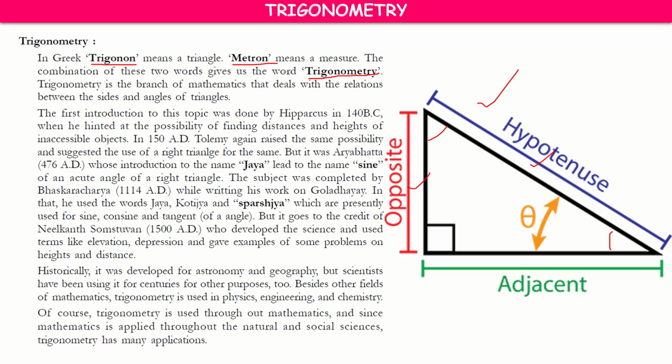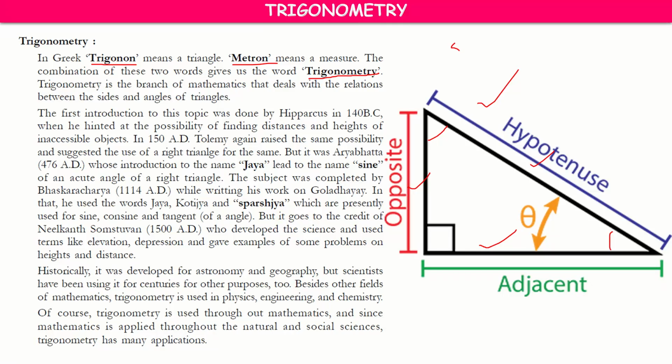A right angle triangle has three angles and three sides. If one angle is given, the remaining angles we can find using trigonometry. If two angles are given, we can find sides of the right angle triangle. If sides are given, we can find angles of the right angle triangle. This is the quality of trigonometry. Understand? And in trigonometry we have different trigonometric ratios.